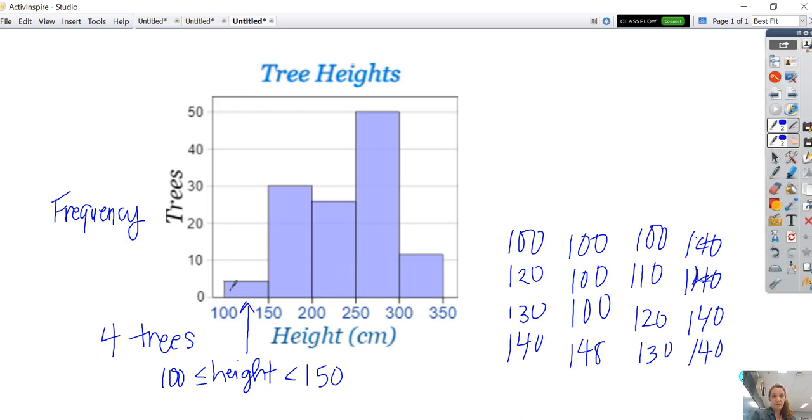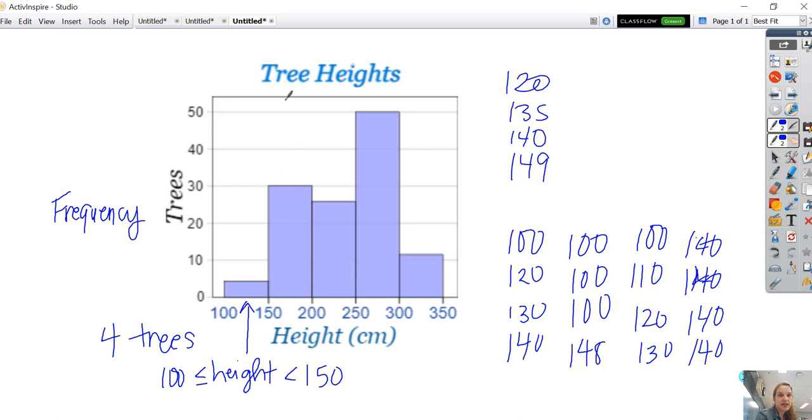It could be including 100 or not including 100. It could be 120, 135, 140, and 149. But it can't be equal to 150 centimeters, because once your height hits 150 centimeters, now it moves to the second bin.